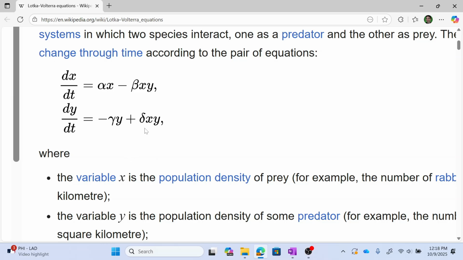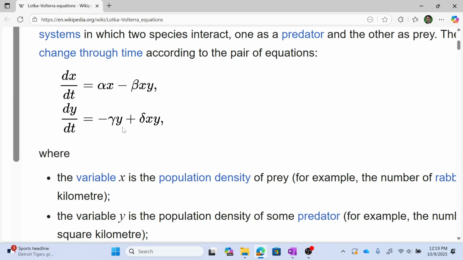By contrast, the predator species is affected negatively by itself. We see a term in here, negative gamma times y. So the larger your current population of predators, the more negatively that affects the species' future. And this term right here is capturing, for example, things like competition.